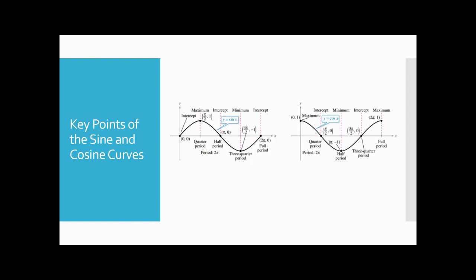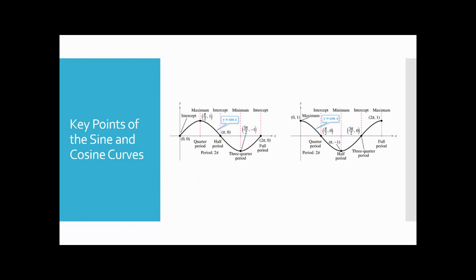If we focus on just the period, which is from 0 to 2 pi, you can see the key points of sine curves, and this is usually what we use when we're graphing sine curves by hand. Again, we'll just use Desmos, but if you do choose to do it by hand, these are the points you're looking at. You're always looking at your y-intercept, which is either 0, 0 for sine or 0, 1 for cosine.